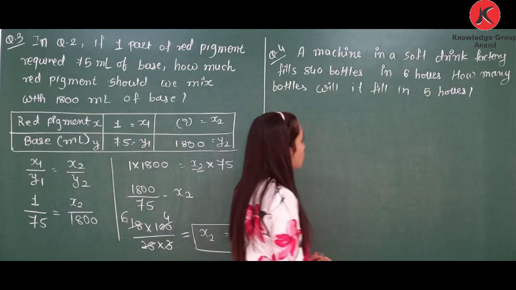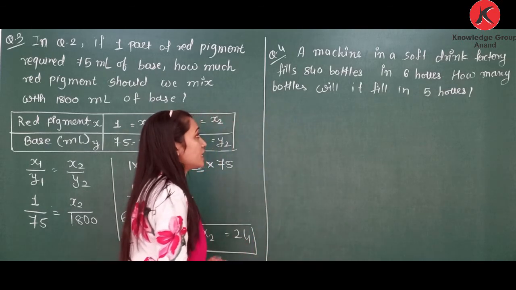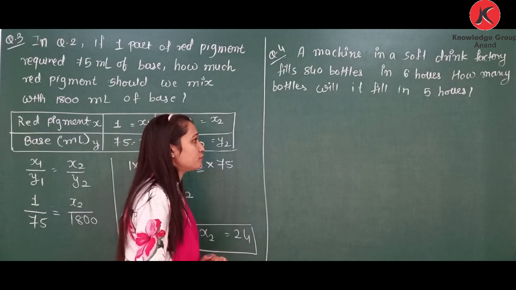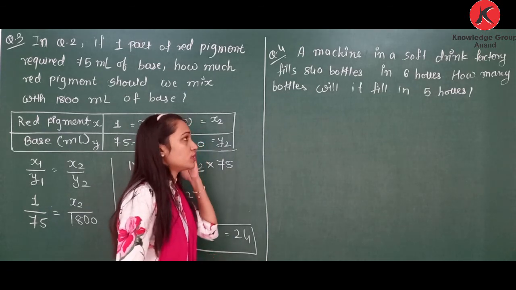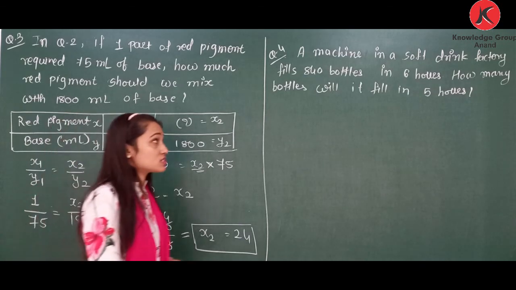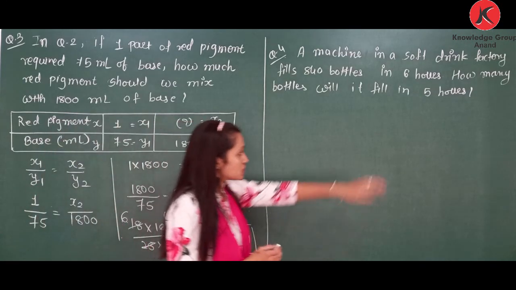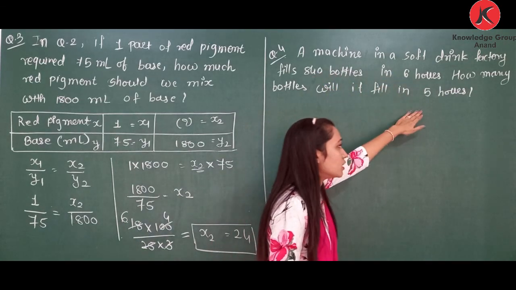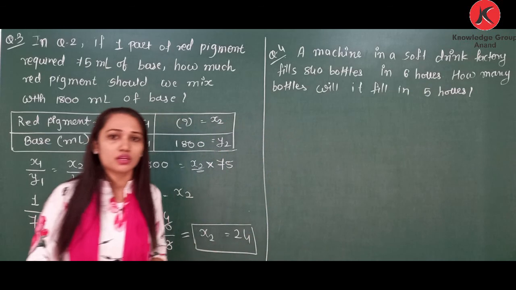A machine in a soft drink factory fills 840 bottles in 6 hours. How many bottles will it fill in 5 hours? So if the machine is working at a constant speed, in 6 hours it fills 840 bottles. So in 5 hours, are the number of bottles increasing or decreasing?